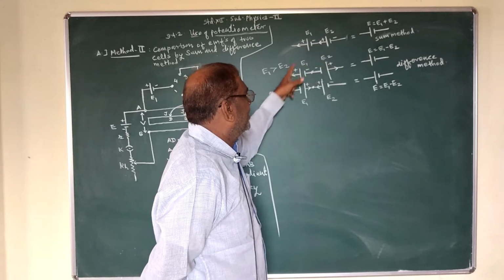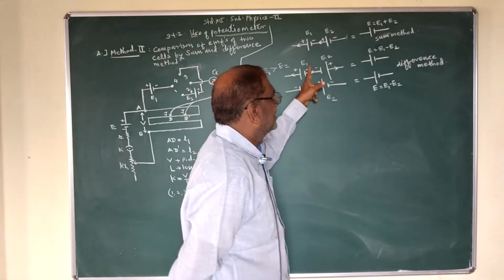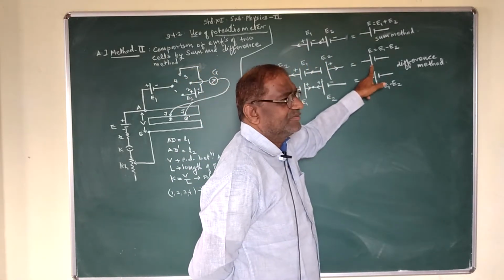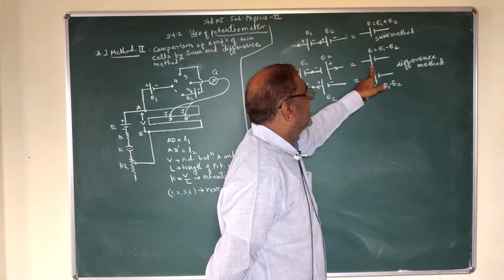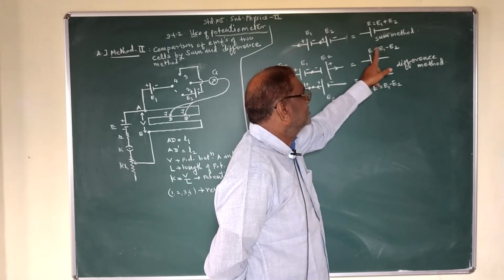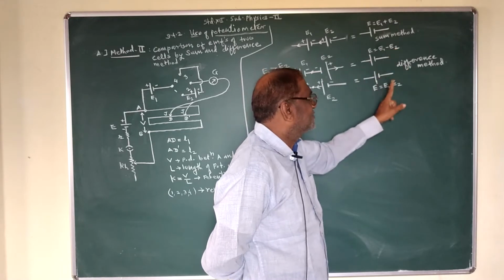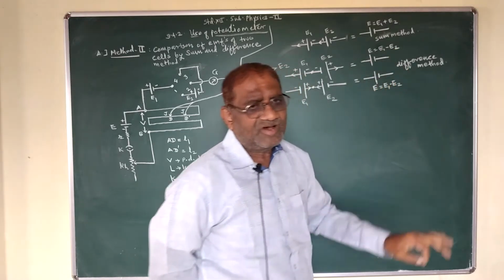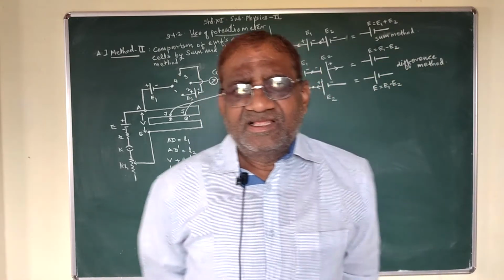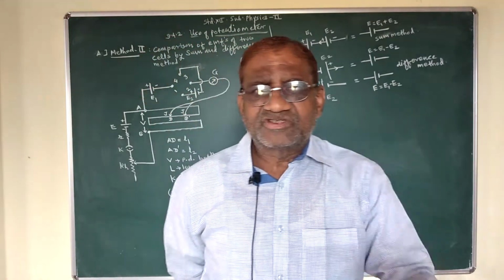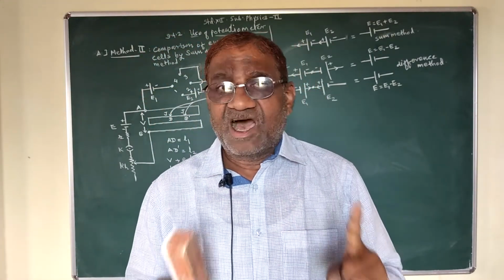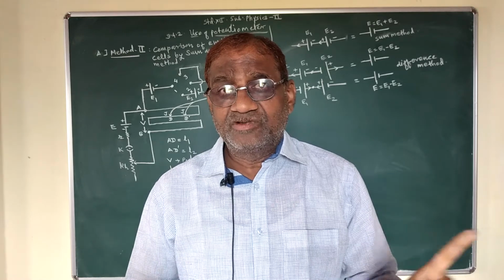Due to this combination of two cells, they give the resultant cell having EMF equal to the difference of EMF of two cells, because in this combination, these two cells oppose each other.